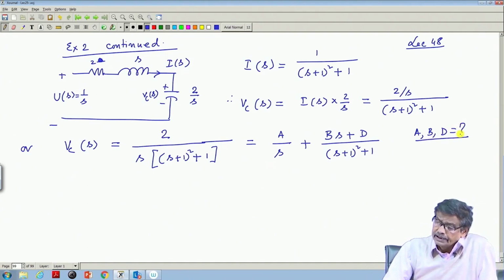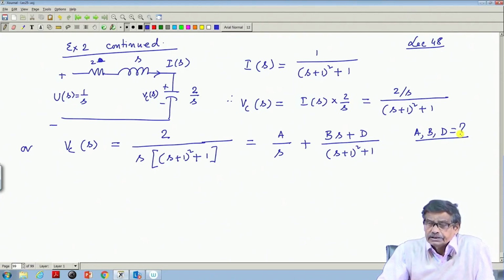Here once again we will say that this is an identity. So you have to form 3 equations, so that you can find A, B, D by putting different suitable values of s.